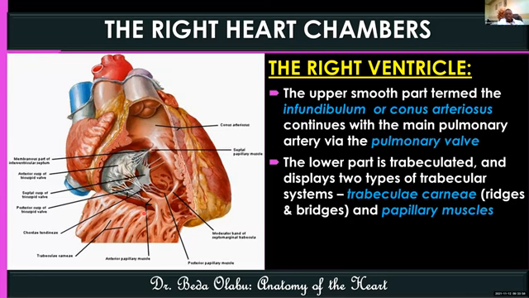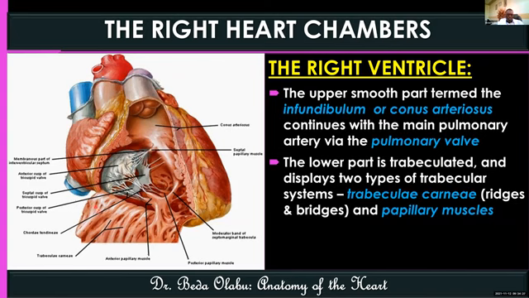There's what we call papillary muscle. Papillary muscles are these rough muscular projections that anchor the valve. Then we have what we call trabeculae carneae. These ones don't anchor the valve, but they're still rough.